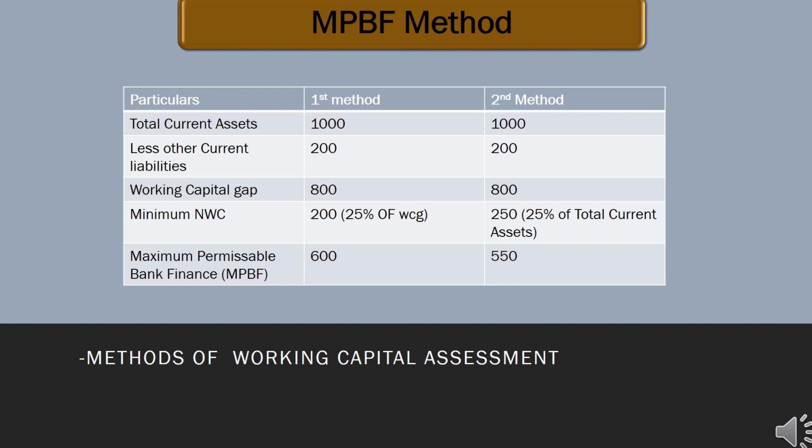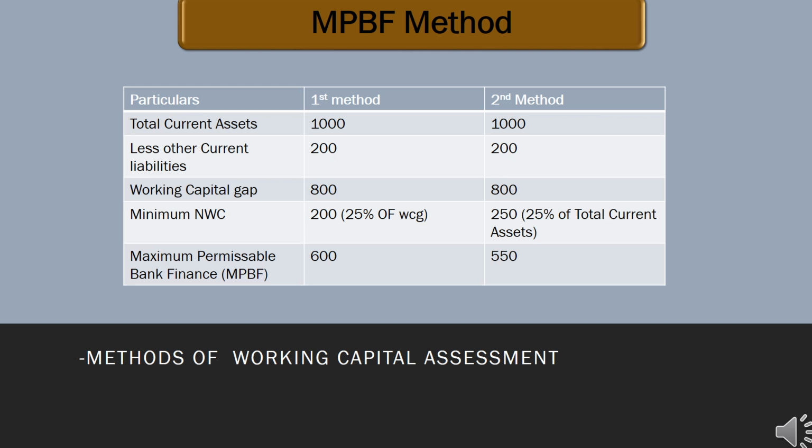We observe that total current assets is 1000, less current liabilities 200, so the working capital gap is 800. Here the minimum net working capital is 25% of the working capital gap, that is 800, which comes to 200 under the first method. In the second method, it is 25% of current assets, that means 1000 into 25%, that is 250.